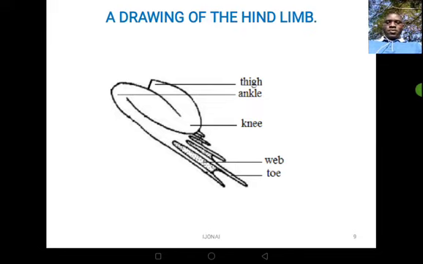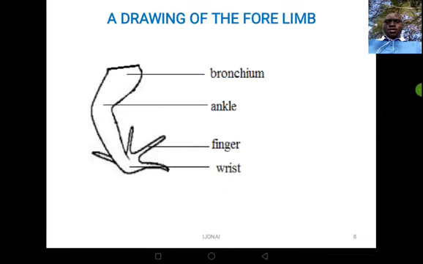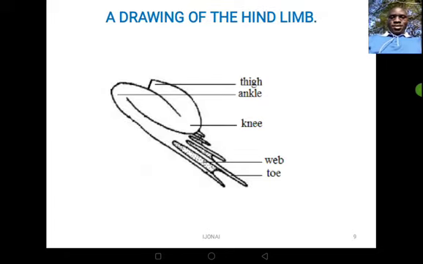Are you able to differentiate the two? The forelimbs here, and the hind limbs. Are you able to identify any difference between the two?